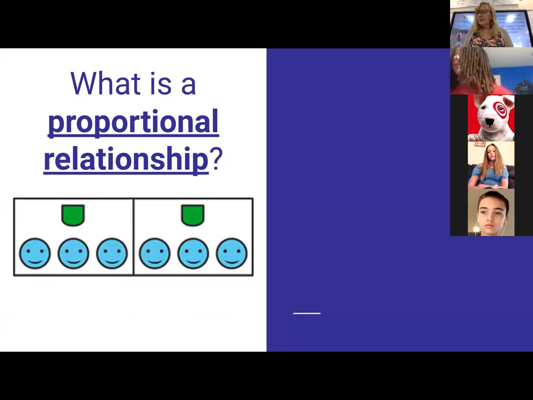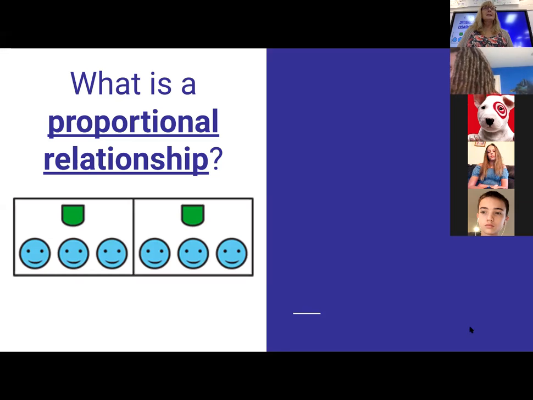All right. So what is a proportional relationship? Anybody remember from the video? Aren't they relationships between two variables?